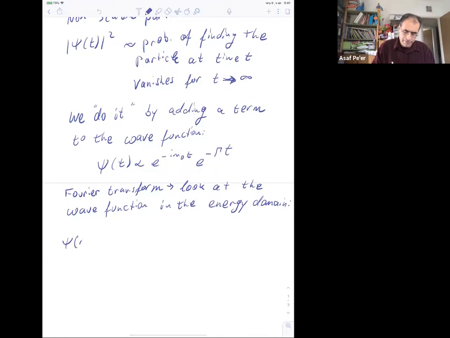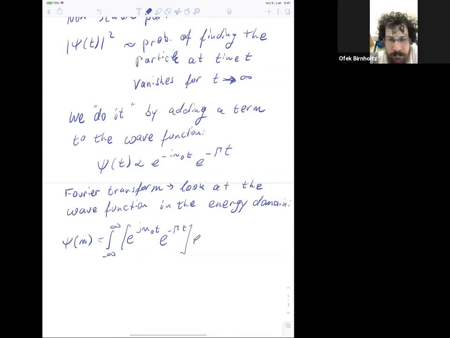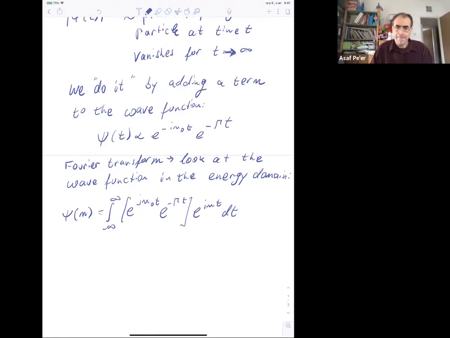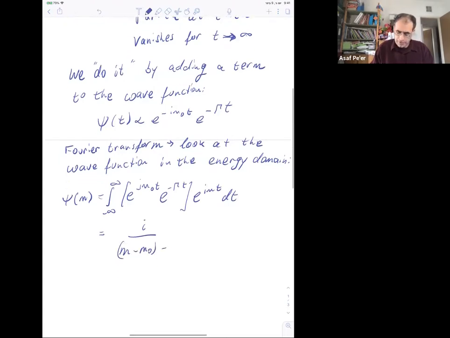So psi of m is the integral from minus infinity to infinity of psi of t times the Fourier transform kernel e to the i m t dt. And the answer to that is just i over m minus m_0 minus i gamma over 2.